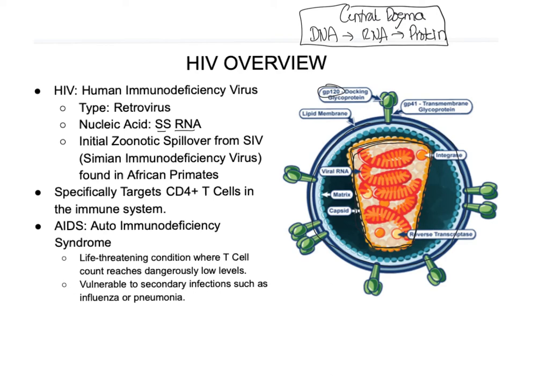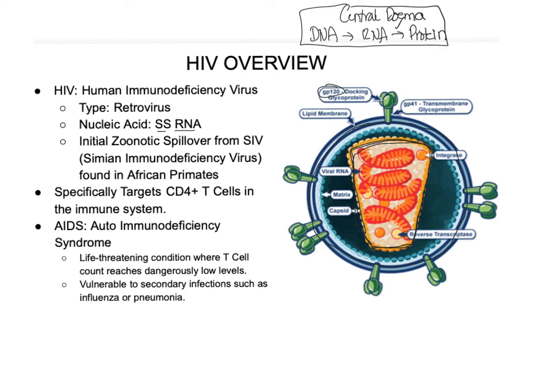But this one particularly affects the immune system, which is why it causes AIDS, right, which is the condition known as acquired immunodeficiency syndrome, where your T cell count drops beneath a certain level because they're being attacked by HIV, and so you are extremely susceptible to infections such as influenza or pneumonia, which often results in death of someone with AIDS, is that secondary infection of another illness like influenza or pneumonia.